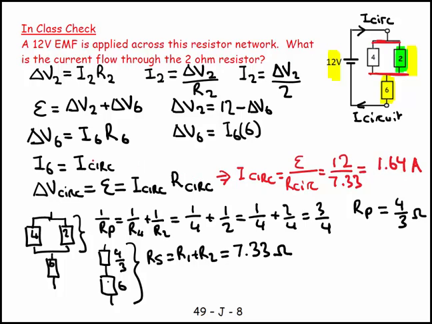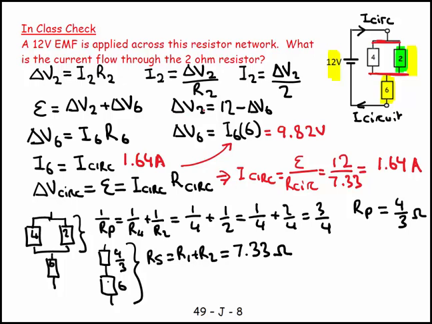And so I know that my I6 is 1.64 amps. And so I know that this is going to be 1.64 multiplied by 6. So that's going to be 9.82 volts.